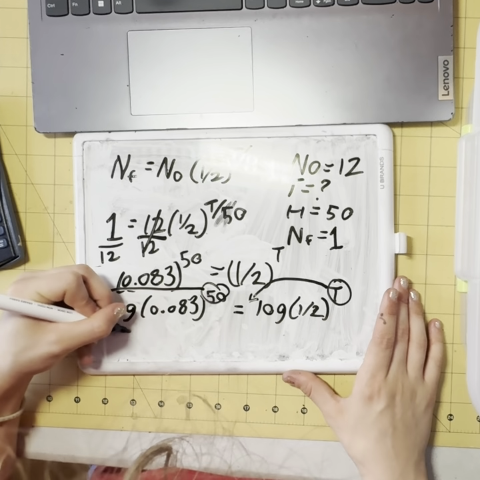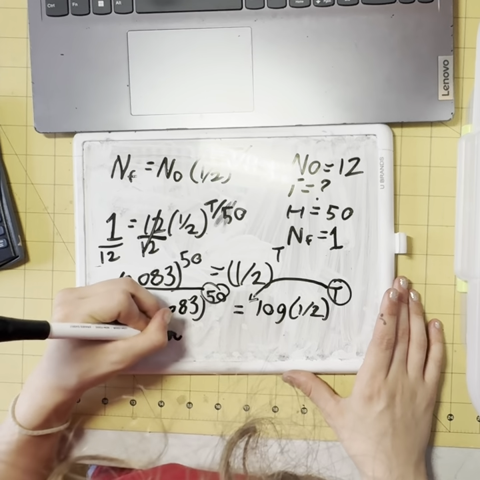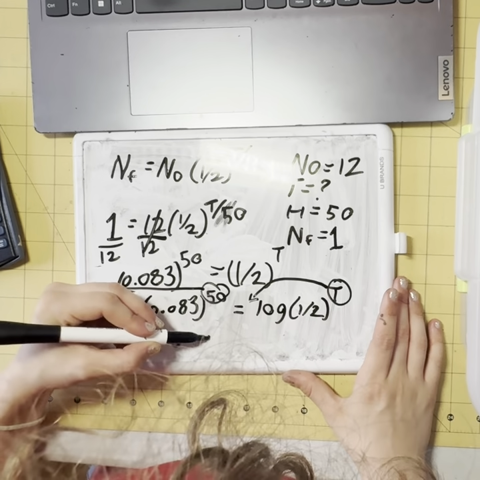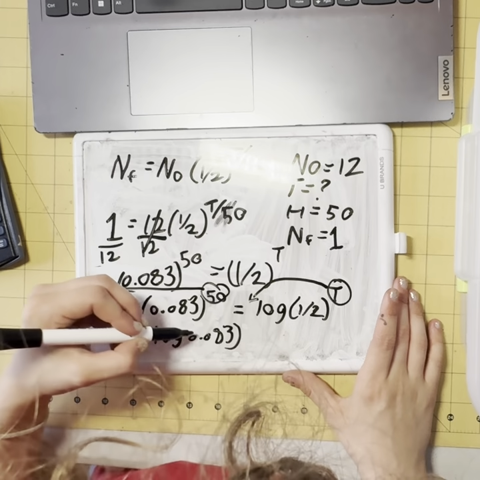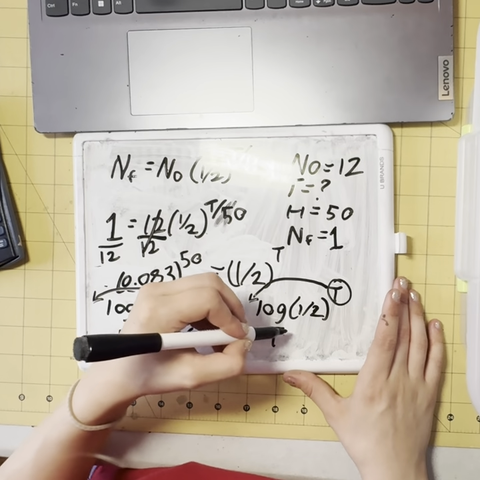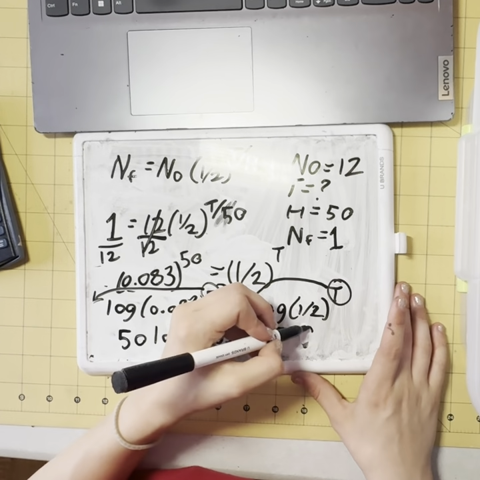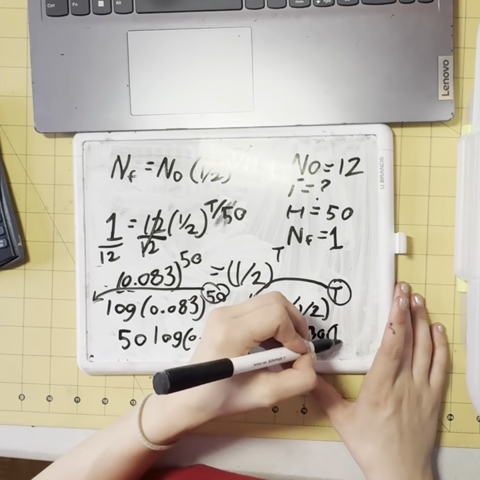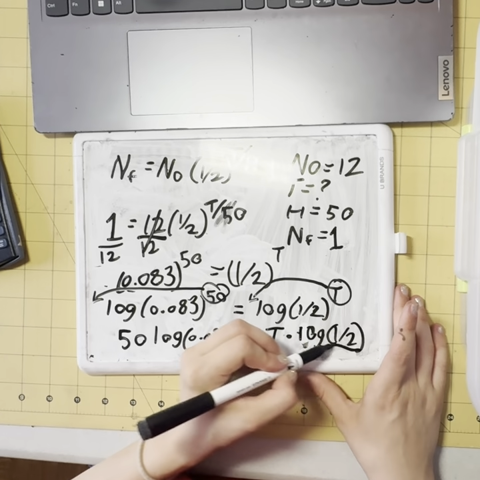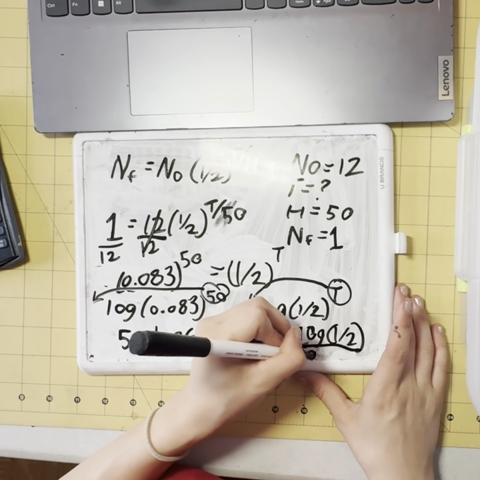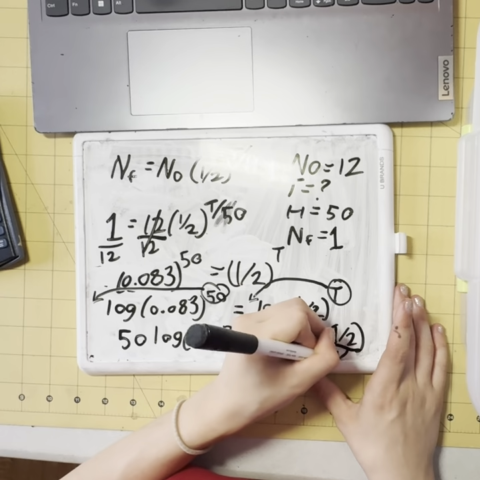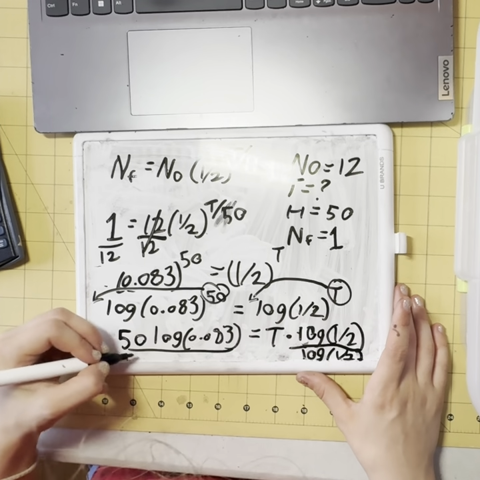So this will be 50 log 0.083 is equal to t times log 1/2. Now all we have to do is divide by log 1/2 on both sides.